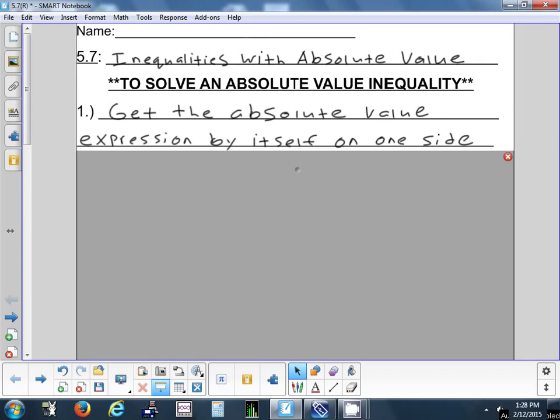Sometimes, what does that mean, or what does that look like, getting that absolute value by itself? Sometimes, what might you have to do?